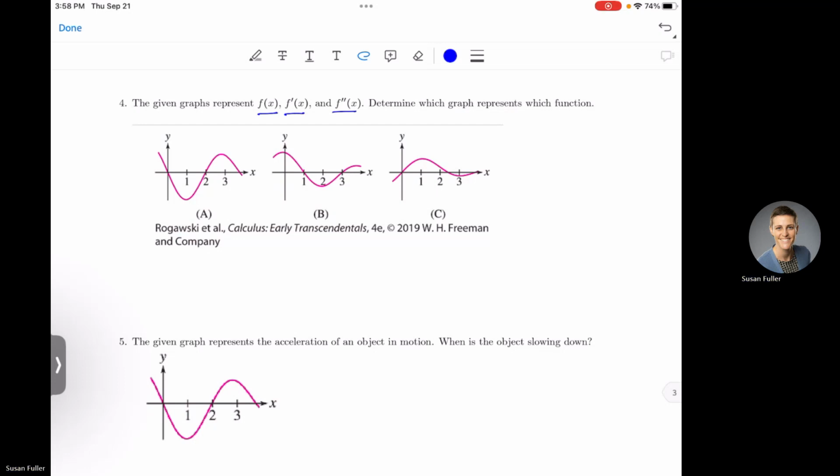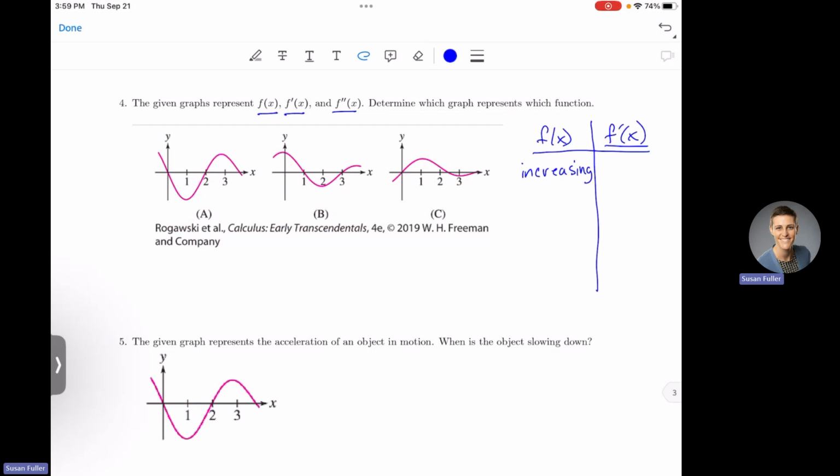Okay, so in order to start doing this, we have to remember what the connection between an original function and a derivative function is. If we are increasing on our original function, so anywhere that our original function is increasing from left to right, it has positive slope, which means the y values of my derivative are going to be positive.